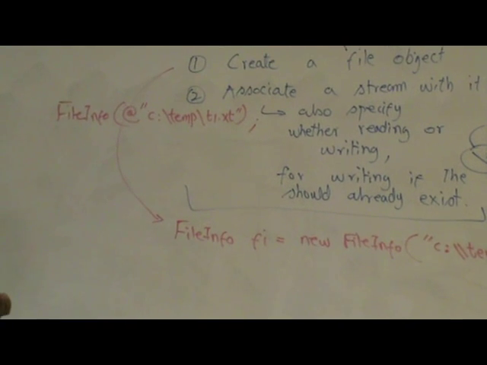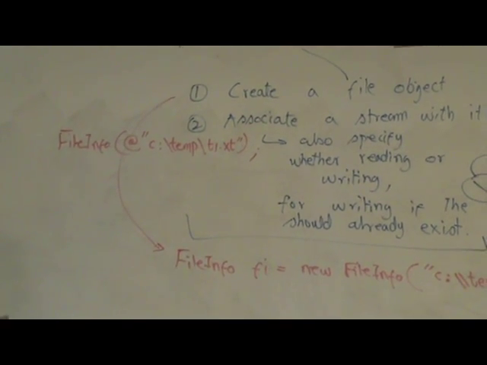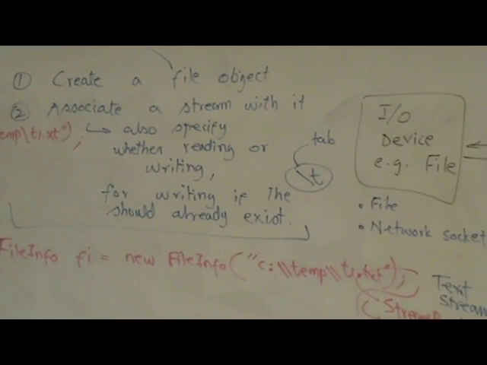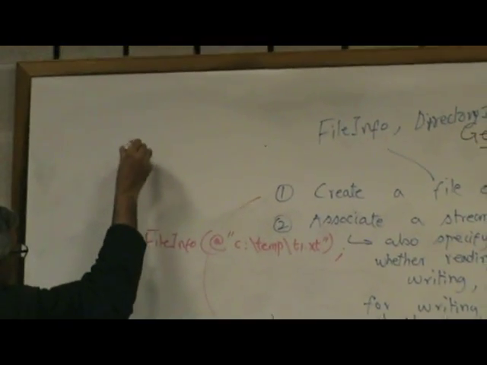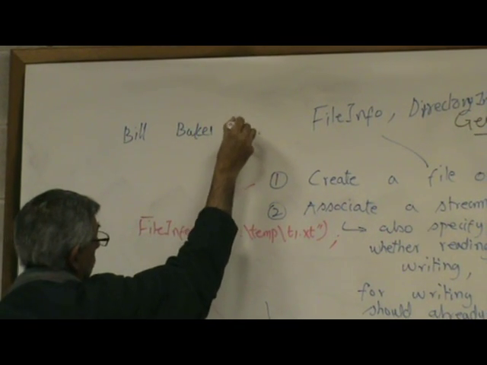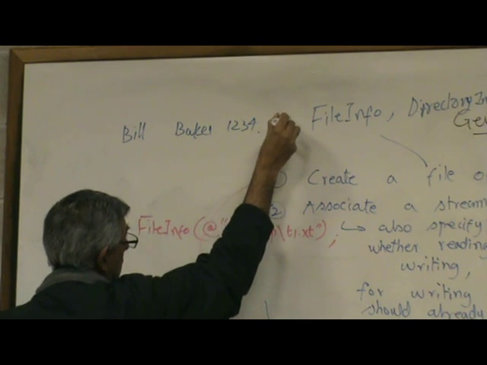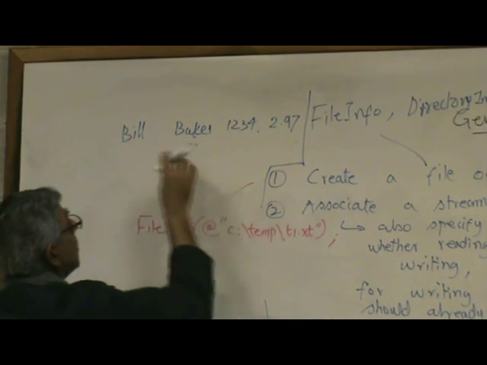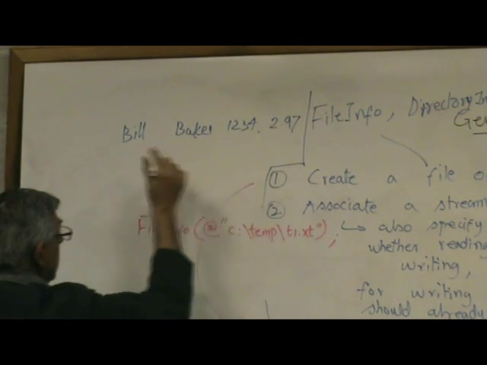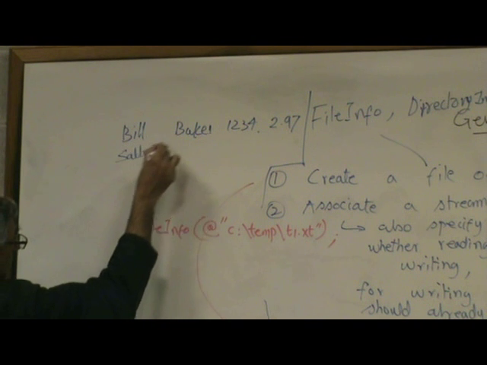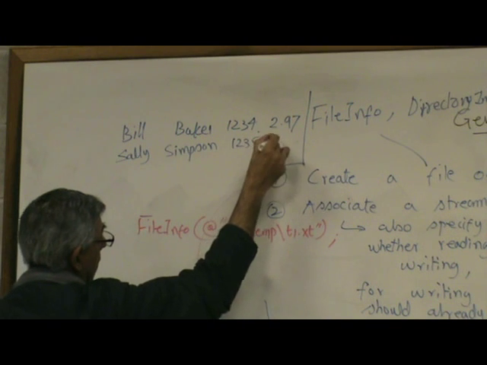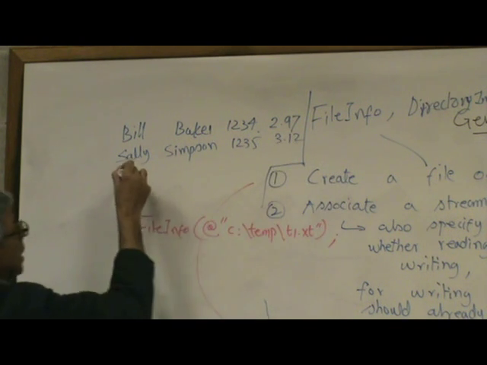Okay, now we will associate a stream with it. So let's pretend this happens to be some simple file, you know, with some data. Let's say Bill Baker 1234 2.97. So pretend this is the first name, last name, ID, GPA, right? So same way, Sally Simpson 1235, whatever, 3.12, right?